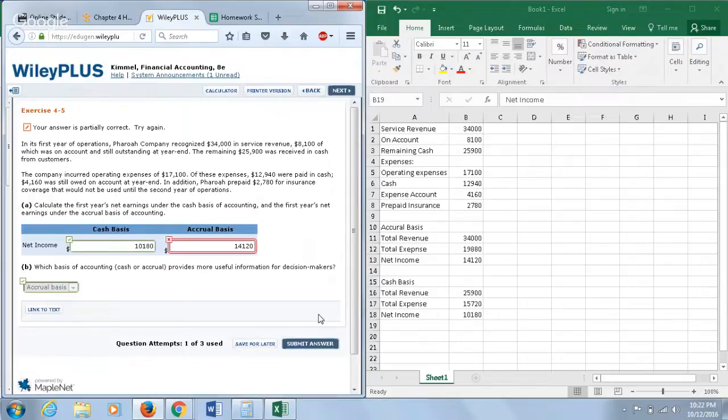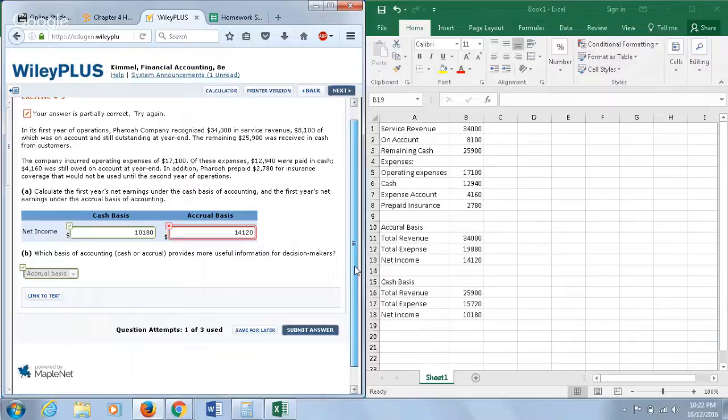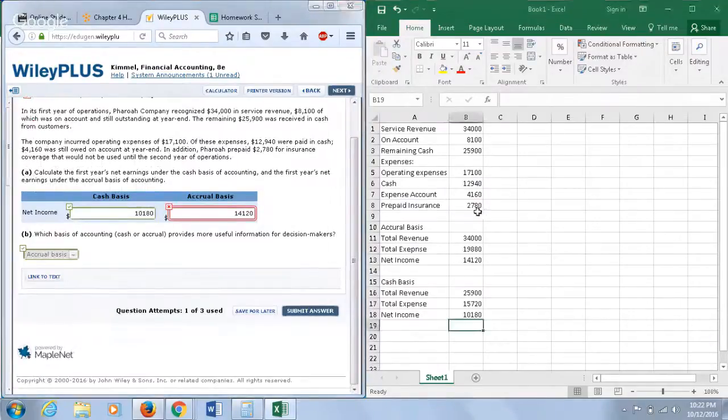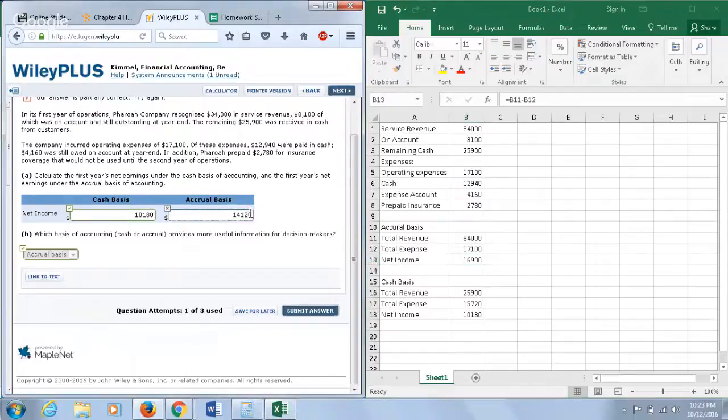I'm partially right. Okay. So the accrual basis, what I'm going to do is take out the prepaid insurance. Changes it to 16.9.